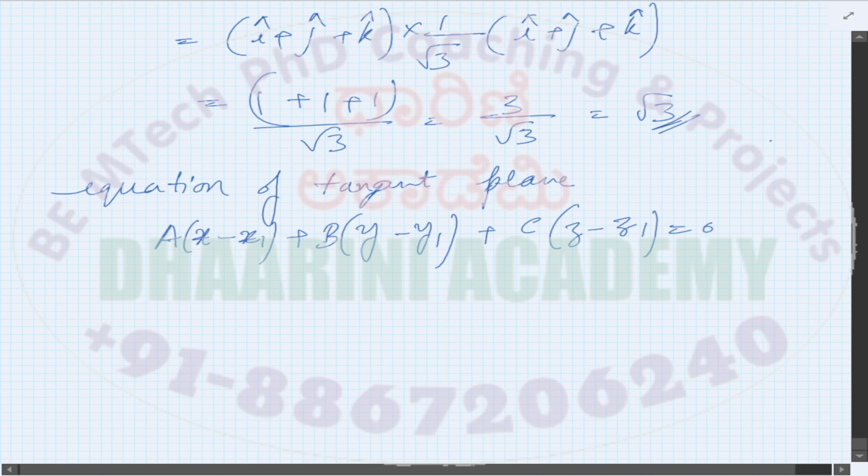So already we know that the values of x1, y1, z1 are the given point 1, comma 1, comma 1, already given, right? But I need to calculate the a.